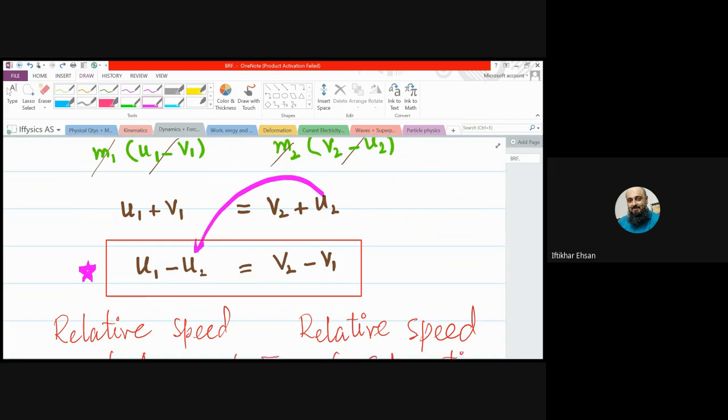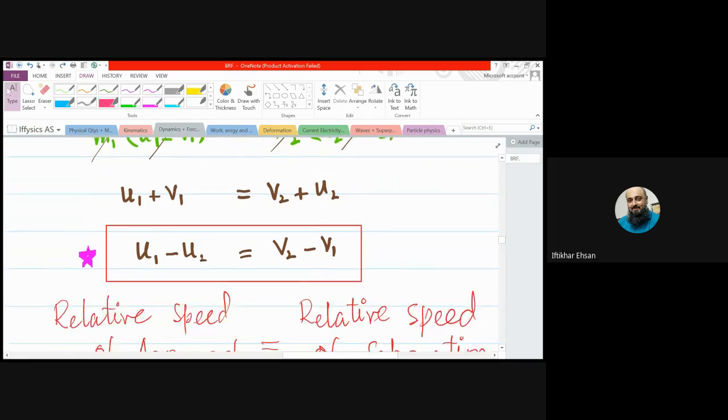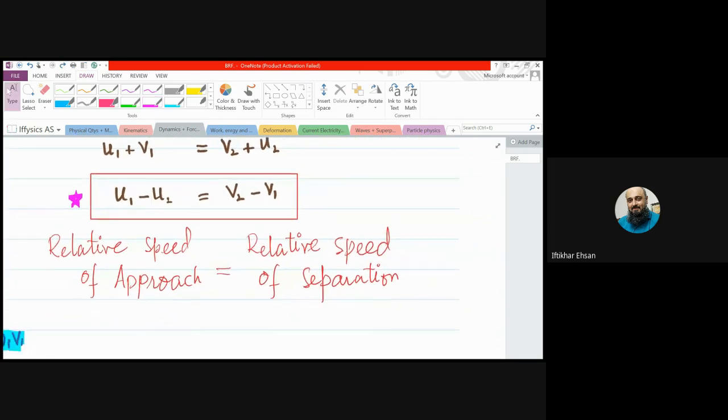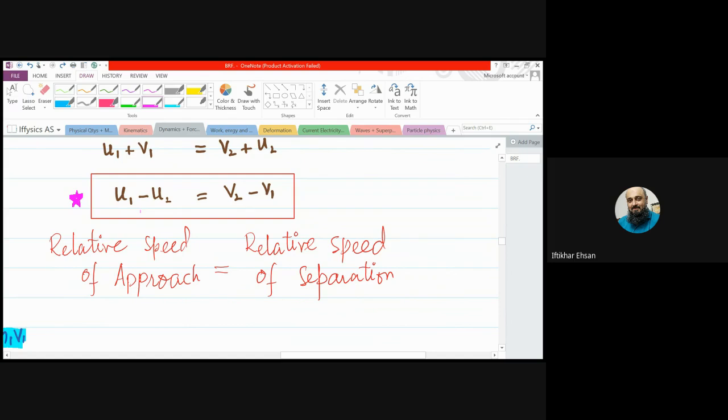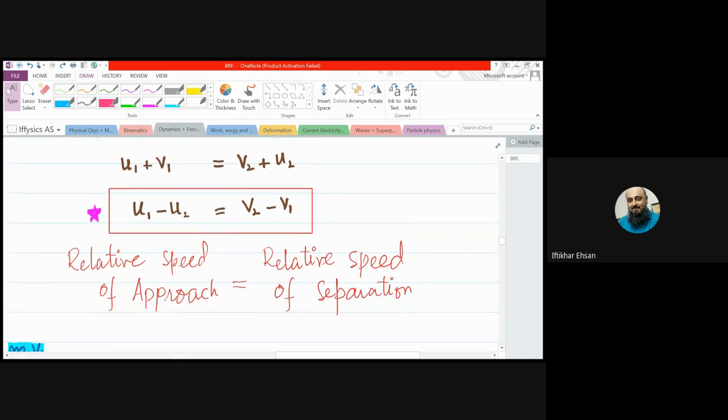So this U2 plus will become negative on the other side, and V2 negative will become positive on the other side. So what is this, beta? This is what we have already discussed. This is U1 minus U2, the relative speed of approach, and this is the relative speed of separation, isn't it? Hassan, please write it down. When you are done, please tell me.